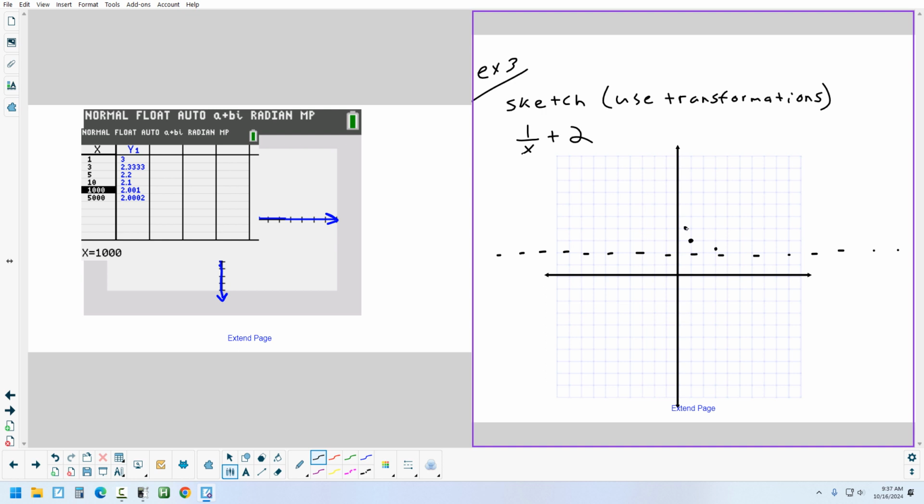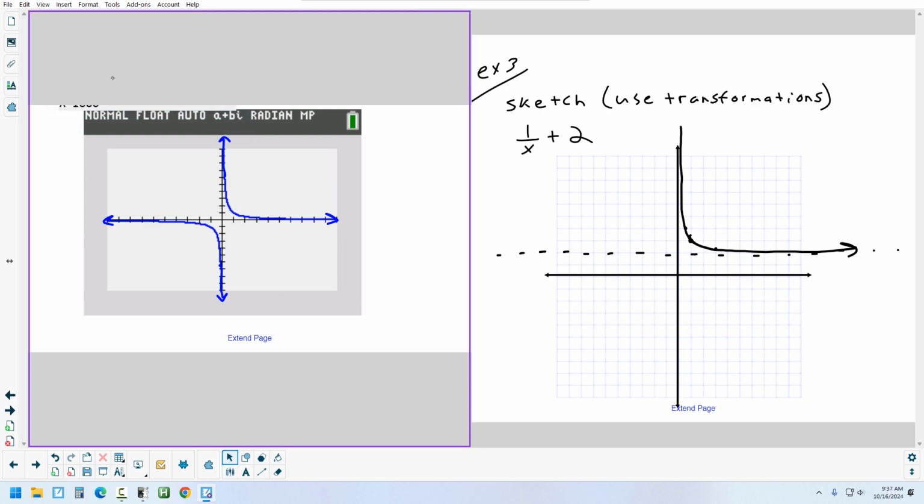So what's going to happen is as x gets close to 0, we haven't talked about vertical asymptotes yet, but it's basically going to curve up like that, and that's going to continue like that. And same thing in the lower left section. The graph with the plus 2 is exactly the same as this graph right here.